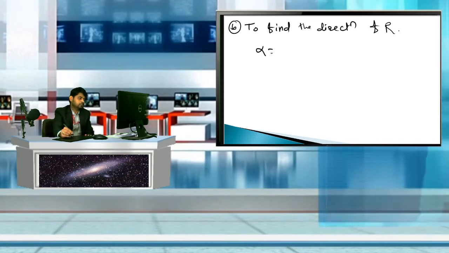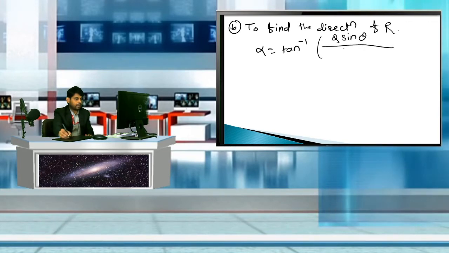Here alpha is equal to tan inverse of q sine theta divided by p plus q cos theta, right?